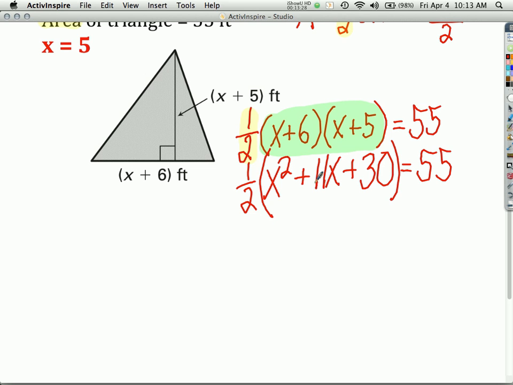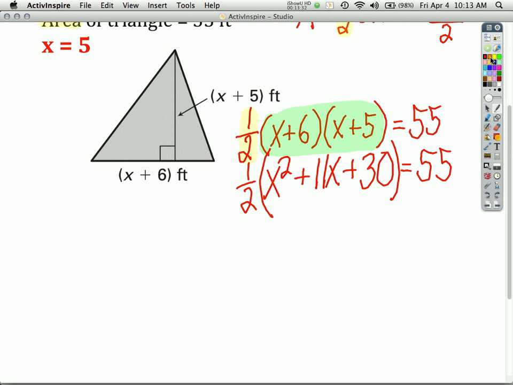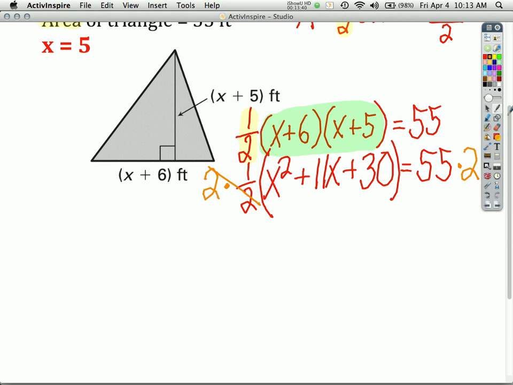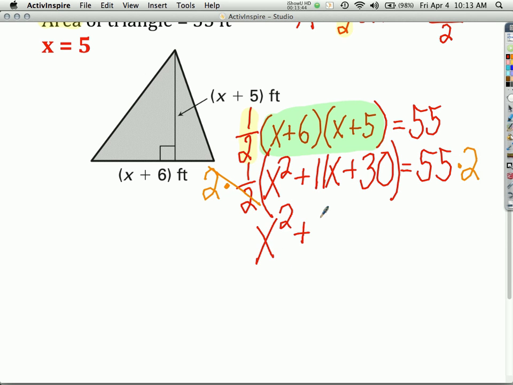It's not horrible, but it becomes a little bit ugly. If you're super high level, then you do this. Times 2 times 2. That will make that disappear, and now we are left with x squared plus 11x plus 30 equals 110.